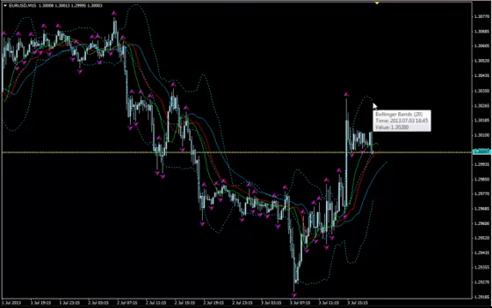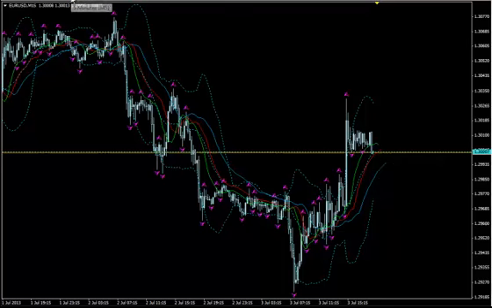It acts as a brake, and it says no more upward move for now, and maybe we should expect a sideways movement like this on the median line of the Bollinger Bands, the 20 SMA, 20 simple moving average. So the M15 chart maybe tells us to wait for a while.